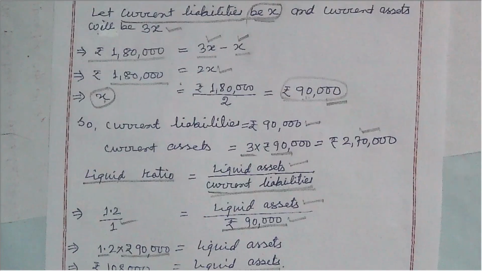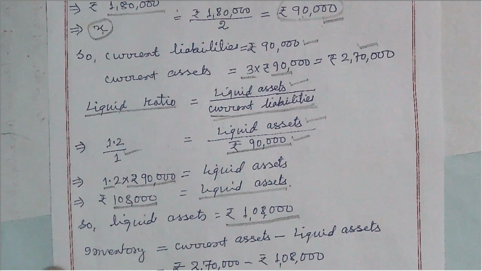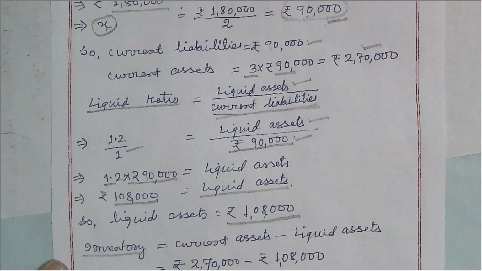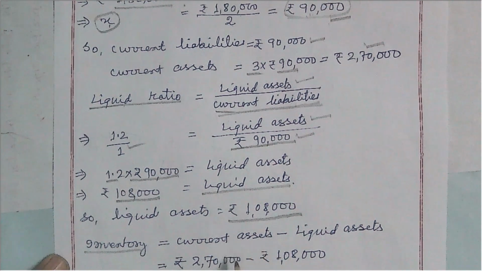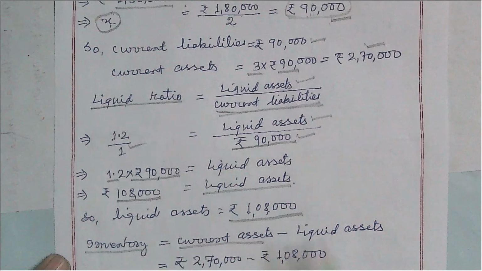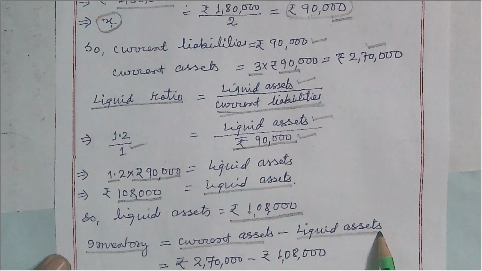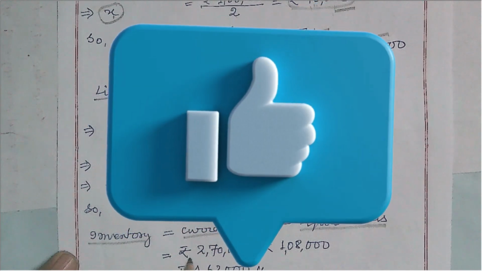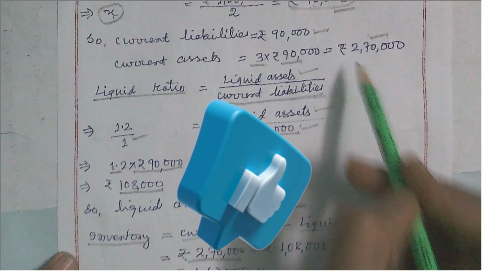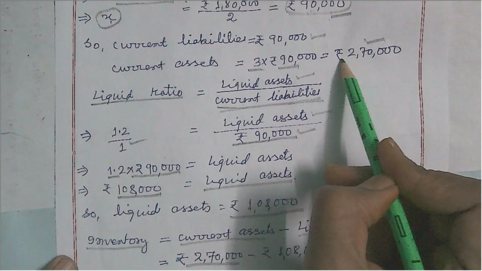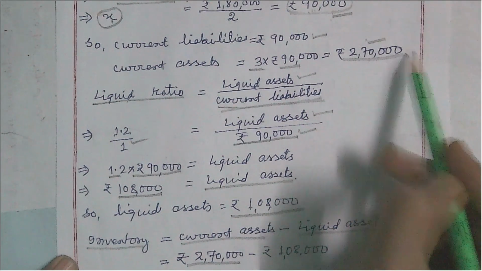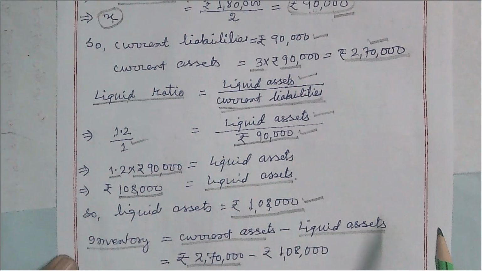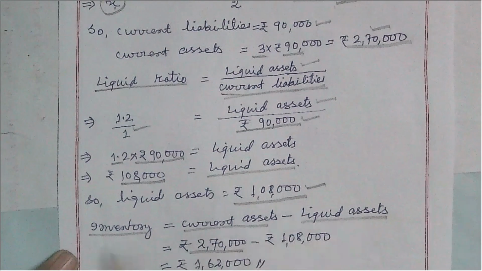Now liquid assets are rupees 1,08,000. Then the inventory value can be calculated by deducting from the current assets. So current assets minus liquid assets equals value of inventory. Current assets, 2,70,000, were calculated here, and liquid assets we have just calculated as 1,08,000.